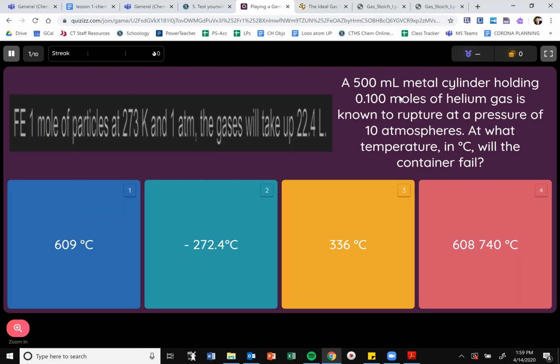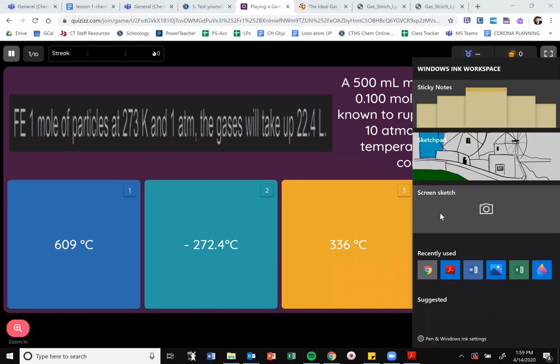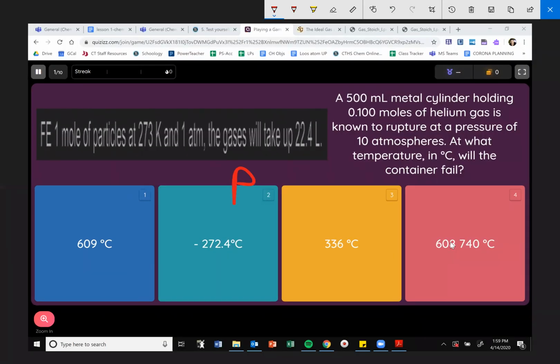You would need to convert the volume of 500 milliliters to liters, plug in to, this would be V, this would be N, this would be P. We have R, you look that up, and remember it's based on your pressure unit.